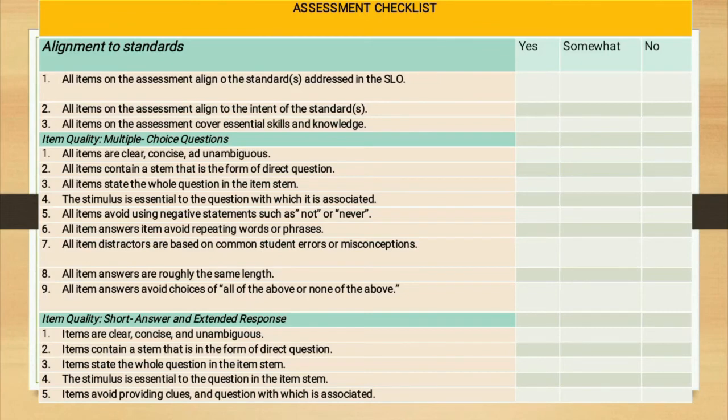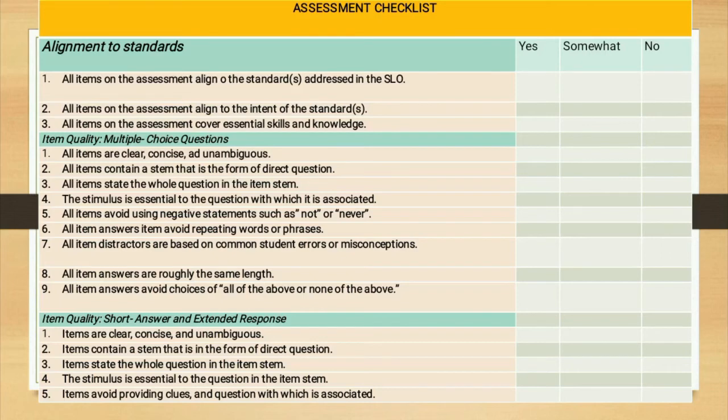Then last is item quality for short answer and extended response. First, items are clear, concise, and unambiguous. So they should be easy to understand, not with difficult words that confuse the students. The next, the item contains a stem in the form of a direct question.